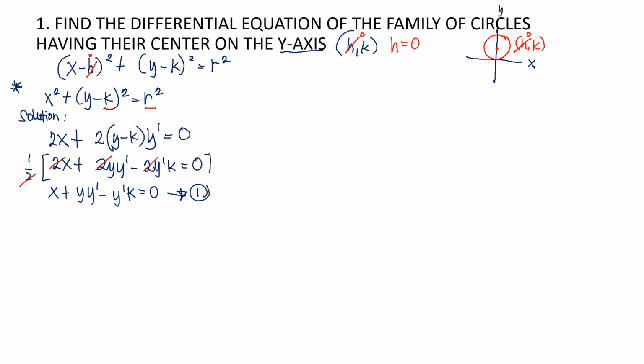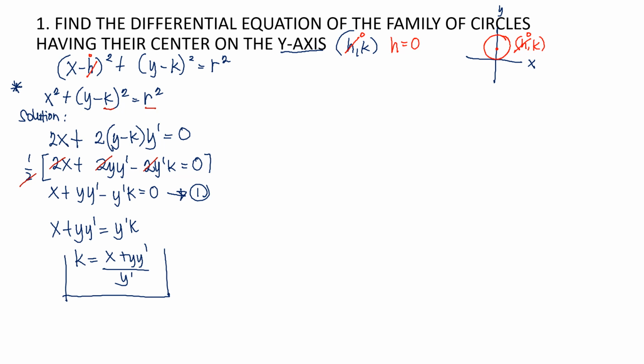So, we can have our equation for k. This will be x plus y prime is equal to y prime k. And yung ating k will be x plus y prime over y prime. So, ito na yung ating formula or equation for our constant k.